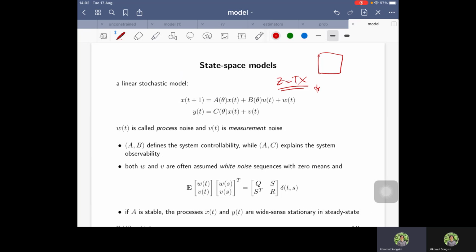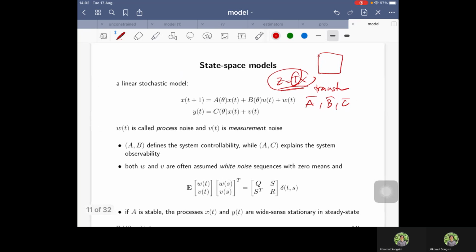By using a transformation T, you can derive the state space equation for the transformed state, and of course you can have different system matrices, but by knowing the transformation matrix T, you can go back and forth from one coordinate to another coordinate.